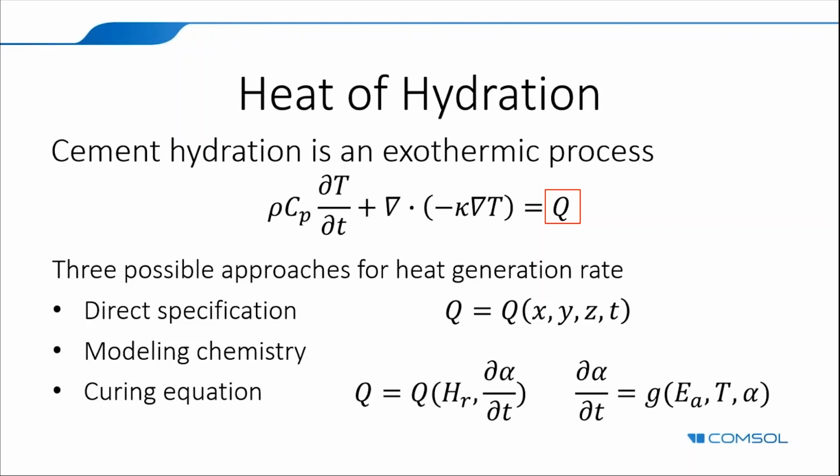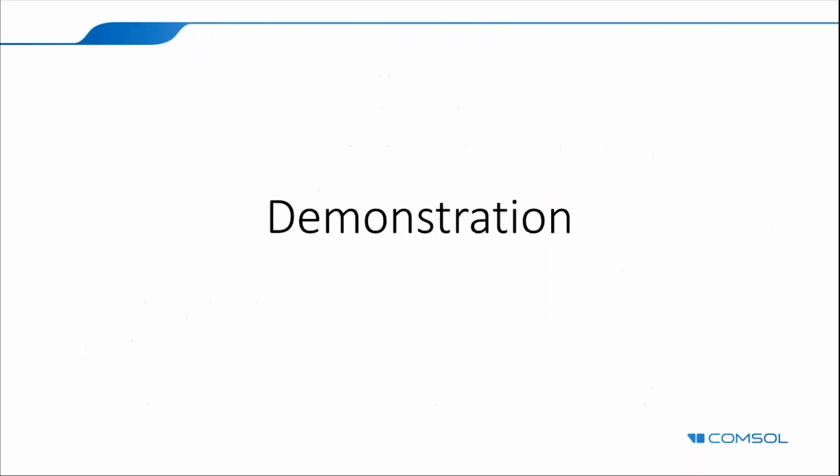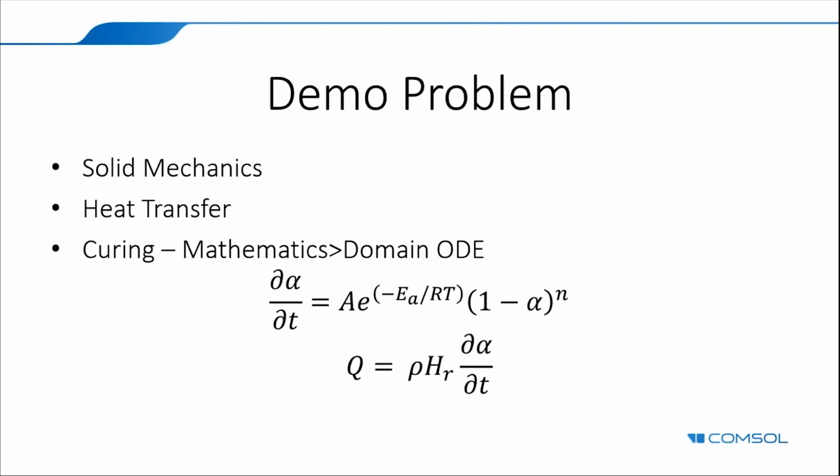Okay. So then the problem we will be solving here is the solid mechanics part and the heat transfer part, the usual equations. This is the Arrhenius equation developed based on collision theory. There are other similar equations. Maybe you will come up with one in your work.